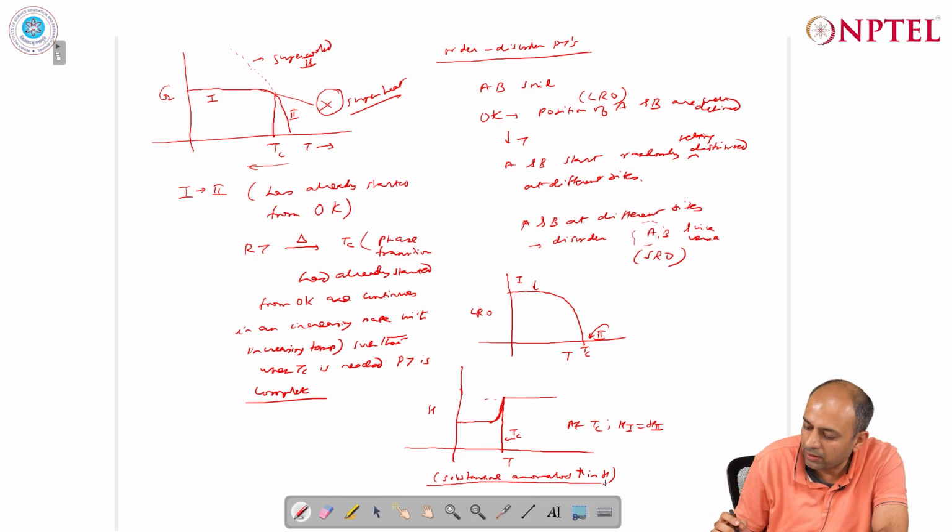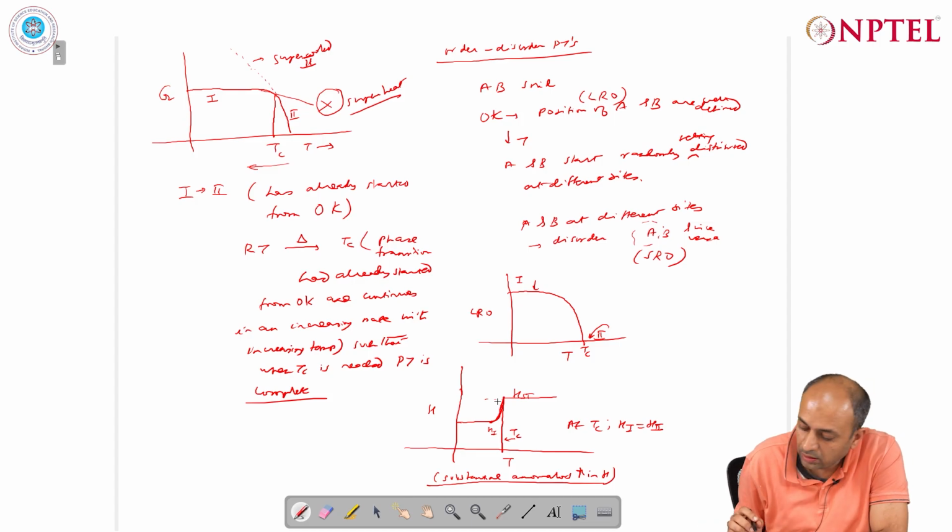The enthalpy value or the H component increases close to the Tc. There is an anomalous increase in H. So, it is not discontinuous, it increases from H1 to H2 gradually, but it is anomalous in the sense that we are not able to account for its origin.